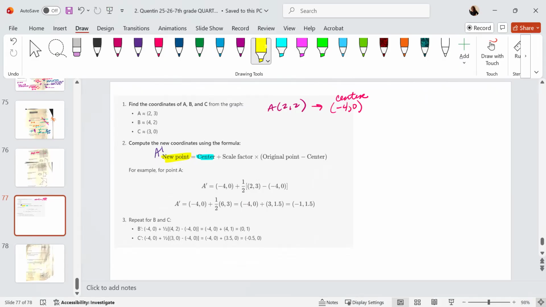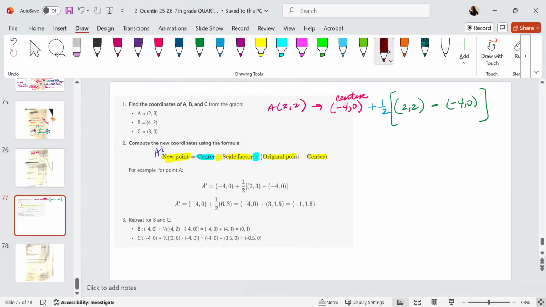Plus scale factor. What's the scale factor? 1/2 times the original point minus the center. What's the original point? 2, 2, minus the center. What's the center again? Negative 4, 0, correct?